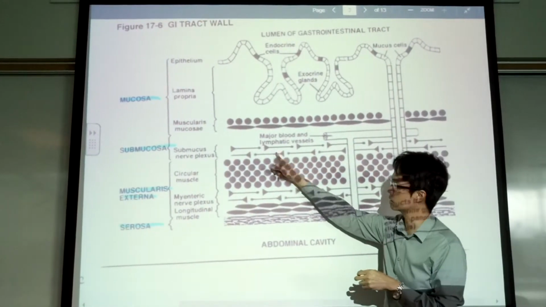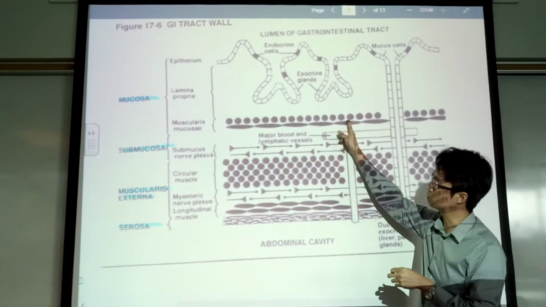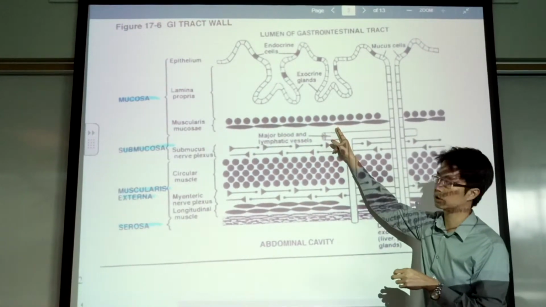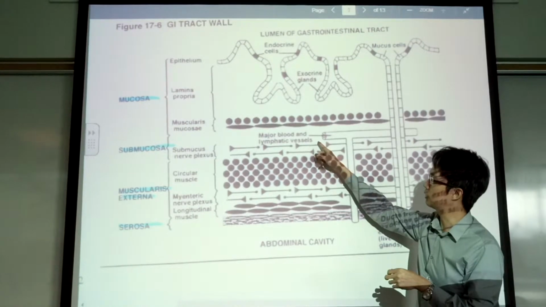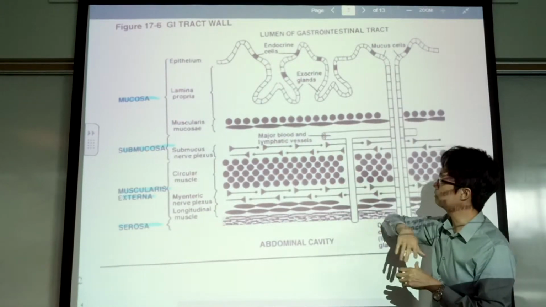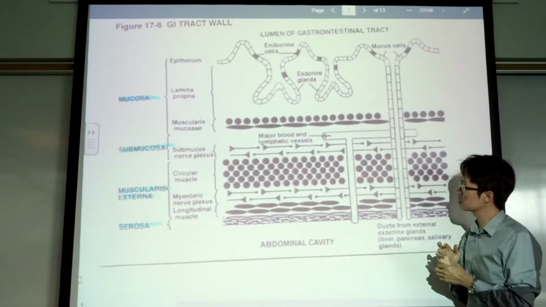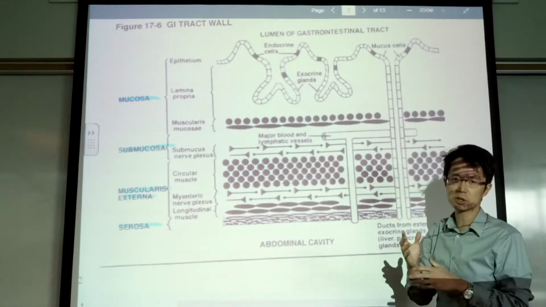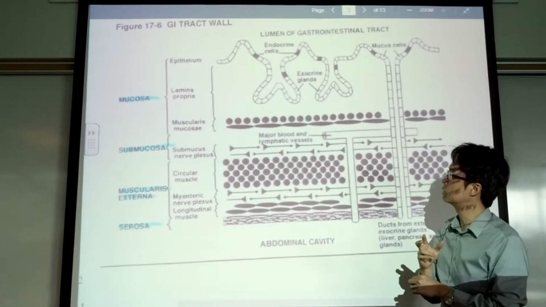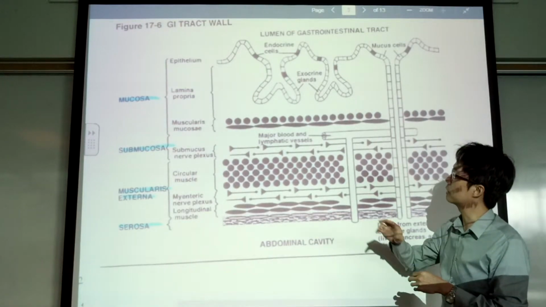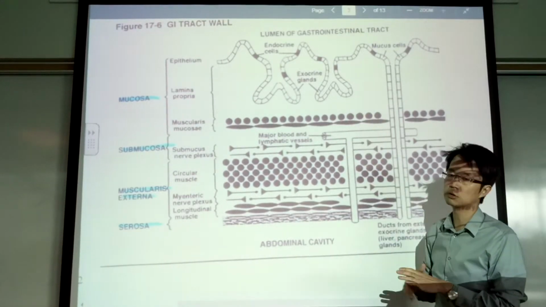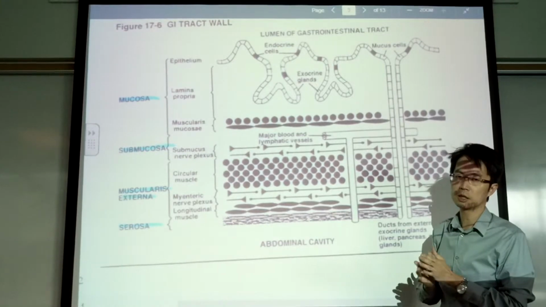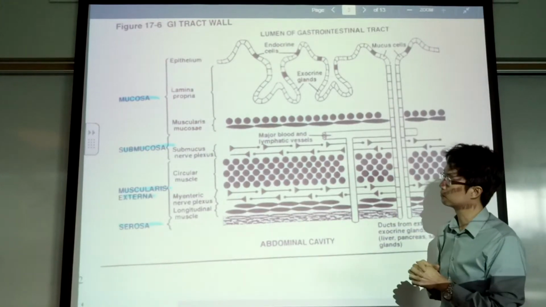The nerve plexus in the submucosal layer controls the muscularis mucosae here. And you also have blood vessels and lymph. When we look at the detailed structure of the villi, you will see that the blood vessels and lymph go into the mucosa surrounding inside the villi.